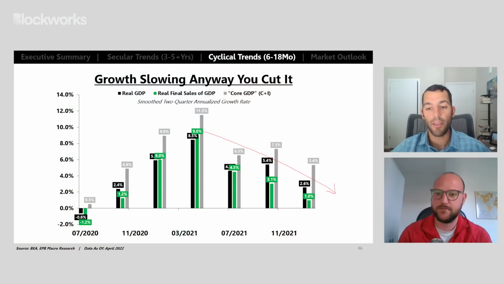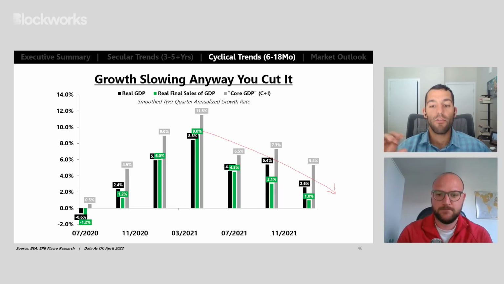Yeah. So my concern here over the next 6 to 8 months is that if we look at aggregate economic growth, and this morning we just received Q1 GDP, I like to look at real final sales, which excludes the inventory component because it's quite volatile.